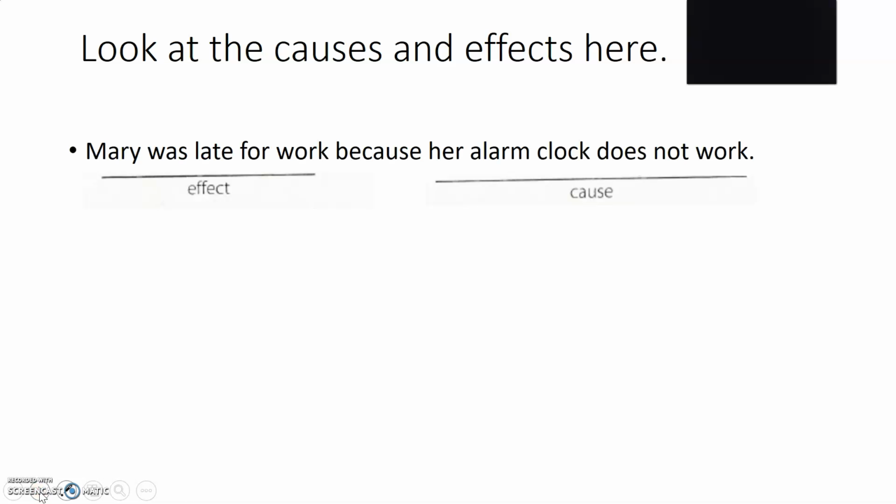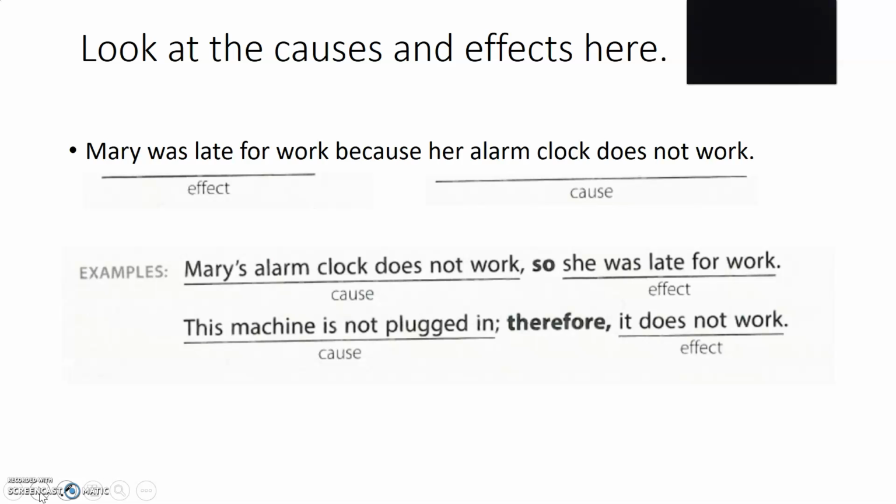Look at the causes and effects here. Mary was late for work because her alarm clock does not work. Look at these examples. Mary's alarm clock does not work, so she was late for work. This machine is not plugged in, therefore it does not work.